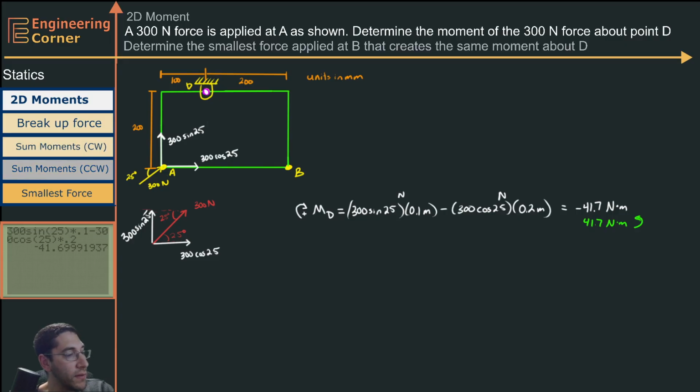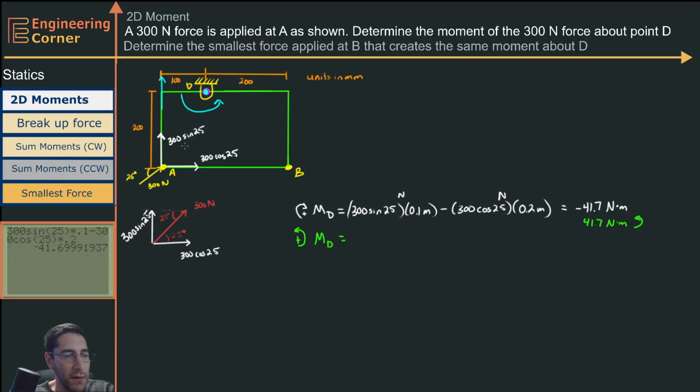All right, so now let's just say, what if we had done this in the counterclockwise direction? What if we looked at the moment of D in this counterclockwise direction? So we're going to sum our moments about point D, and when we do that, let's look at this vertical force again. Let's move it up here, and we're going to be going this way.